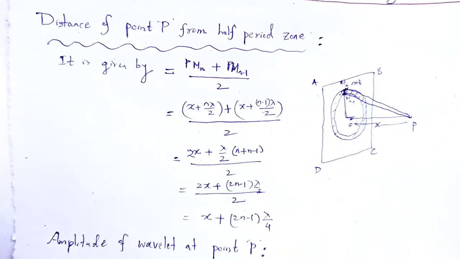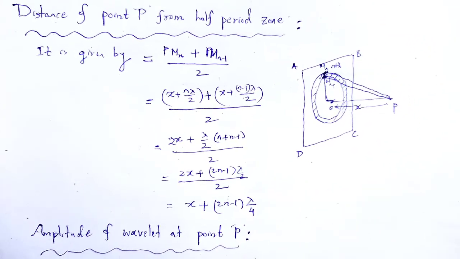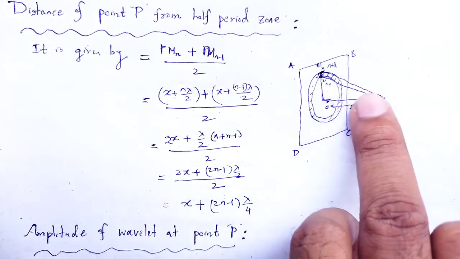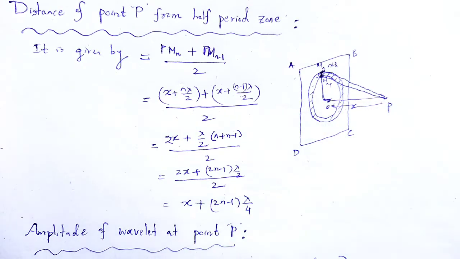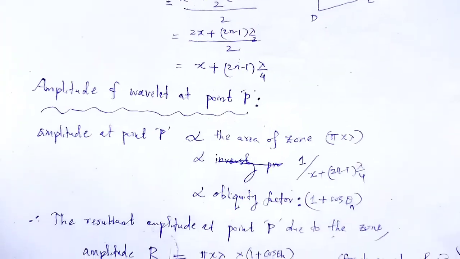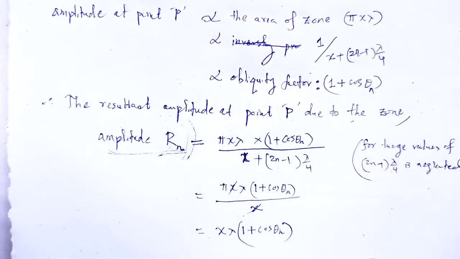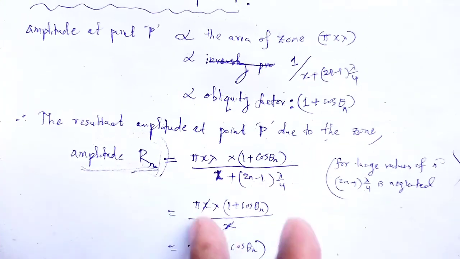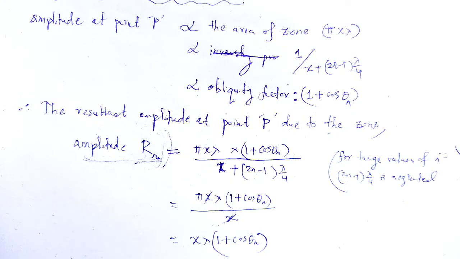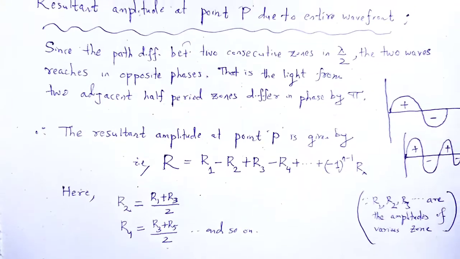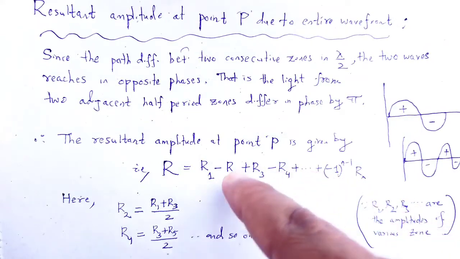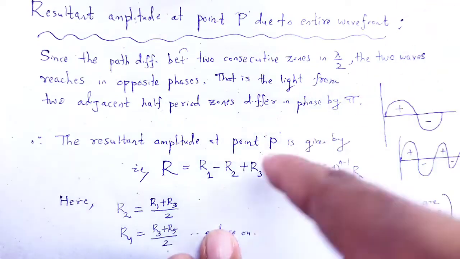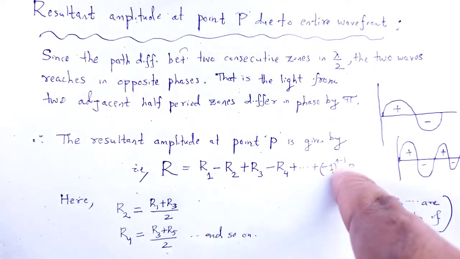Next, the distance of point P from the half period zone. We take the average distance for the nth half period zone, and all distances are measured at point P. Next, amplitude at point P. Experimentally, the amplitude depends upon various factors, and the amplitude of the nth half period zone is calculated. Next, the resultant amplitude at point P due to the entire wavefront: the consecutive half period zones are opposite to each other.